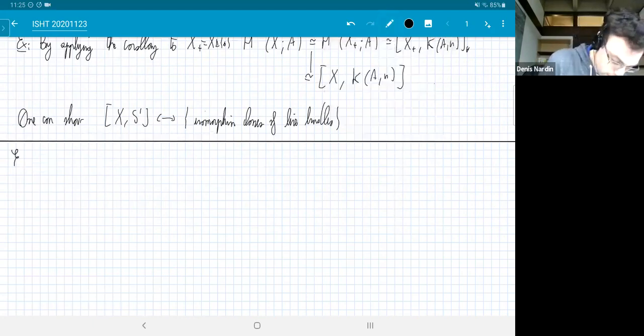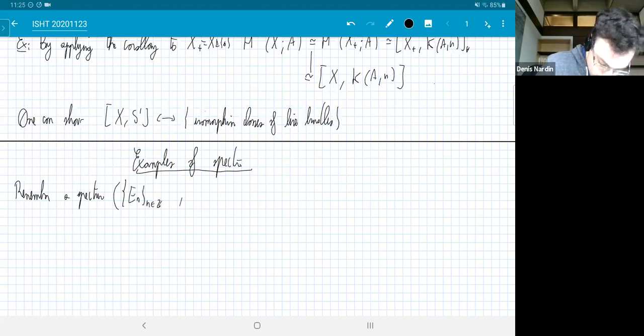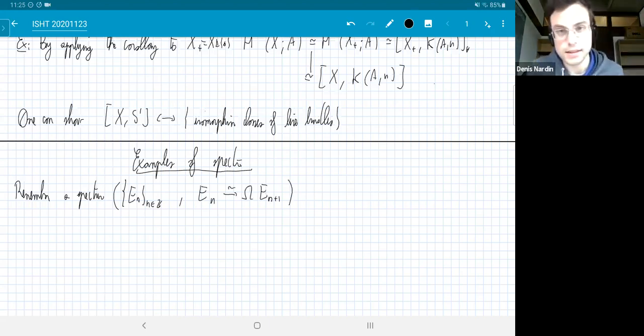Okay, examples of spectra. So let me write a title. Remember, a spectrum was a sequence E_n and equivalences of E_n with the loop of the next one, what we call typically a de-looping.